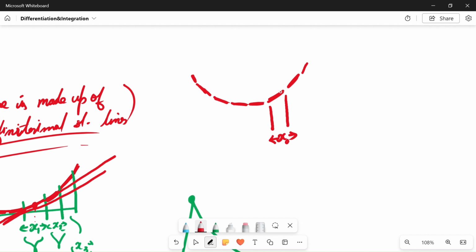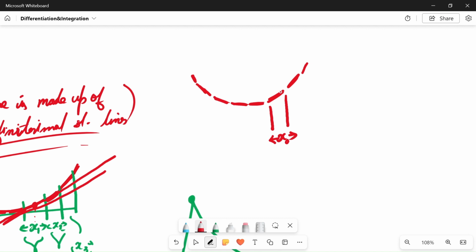So you might have heard that differentiation gives you the tangent of a curve at a point. You cannot draw a tangent at a point.